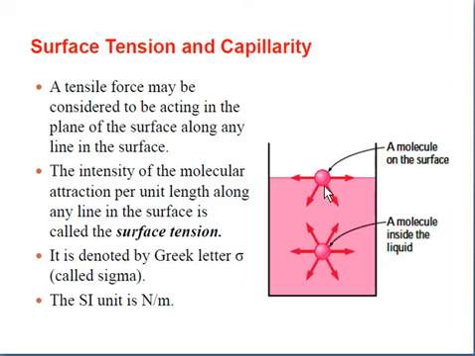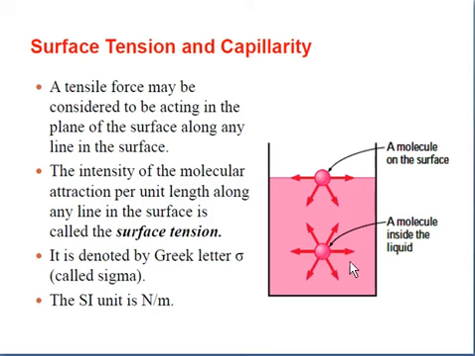See the difference between these two particles. The first particle is surrounded by all the other particles of liquid around it, meaning all the fluid particles are connected due to cohesion.